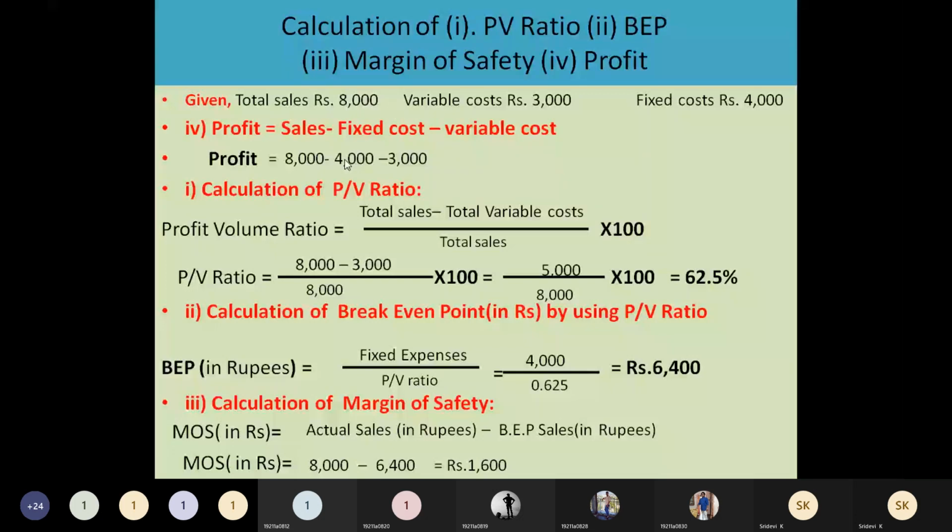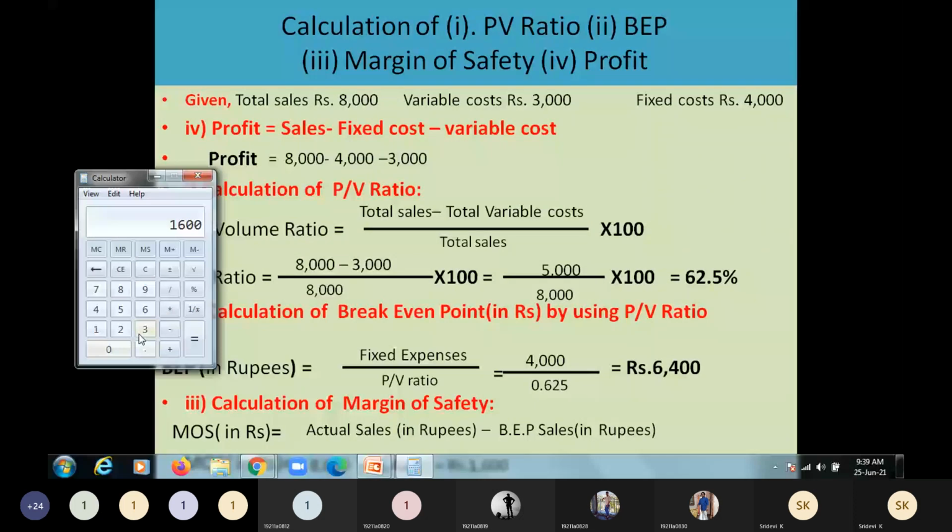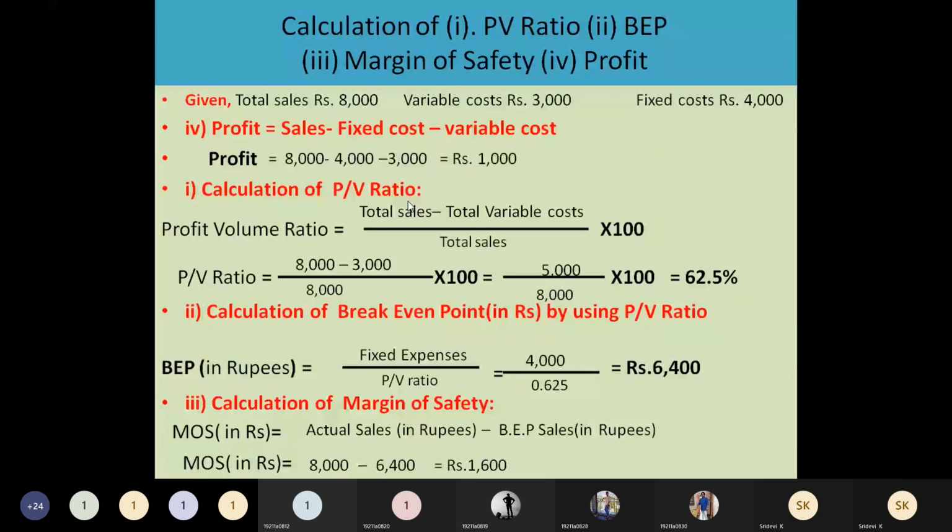So how much will you get? Use the calci. 8,000 minus 4,000 minus 3,000 equals 1,000. So this rupees 1,000 is the profit that you are going to derive.